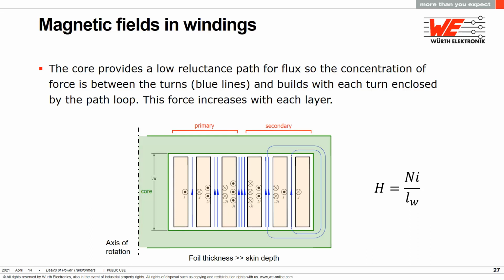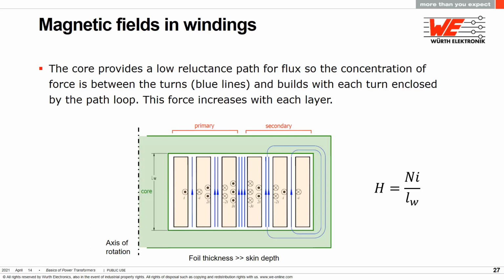The crosses and points indicate unit currents and the direction, in or out of the screen, with the number indicating the magnitude. If we trace the flux path, the blue line, around the winding, we have to conclude that most of the magnetic force is concentrated in the area between the windings.